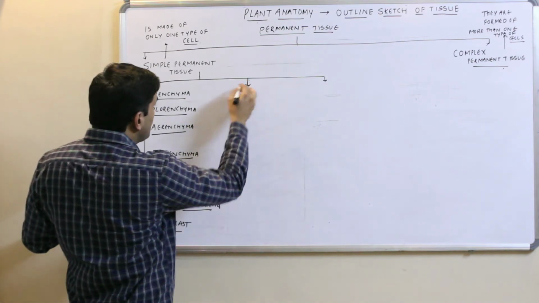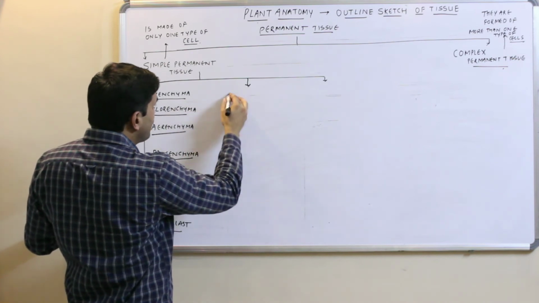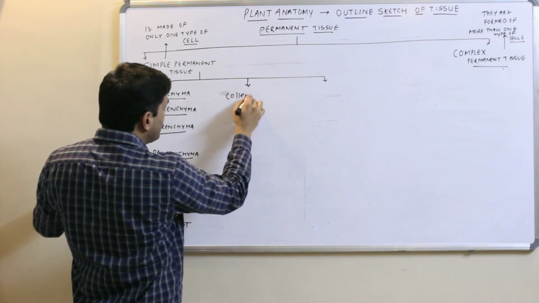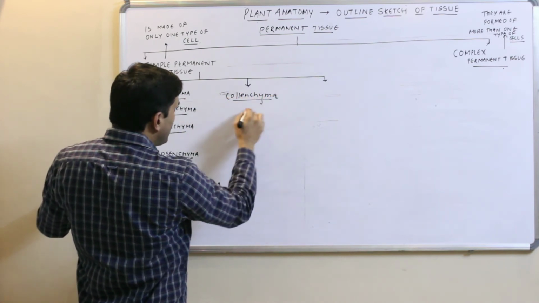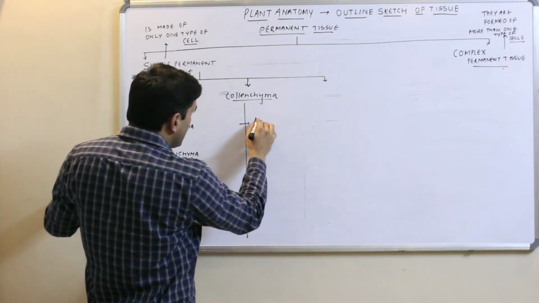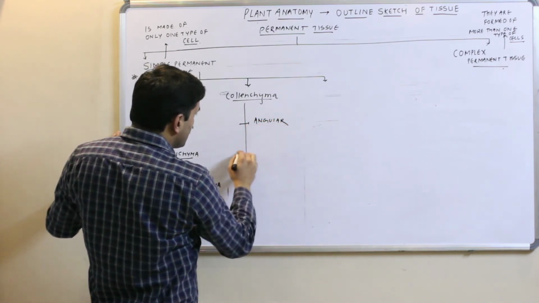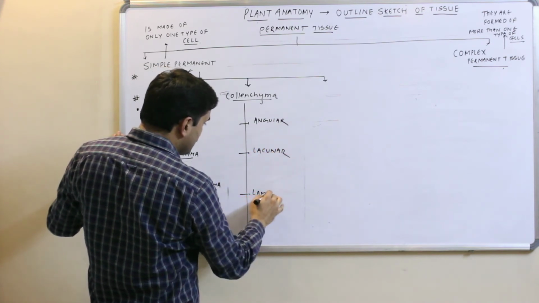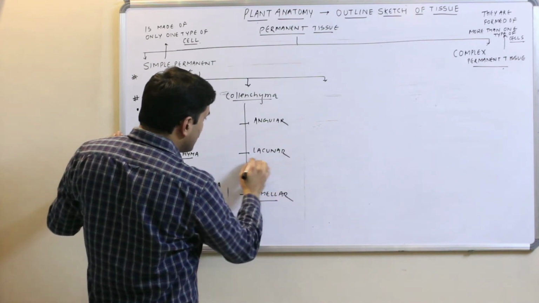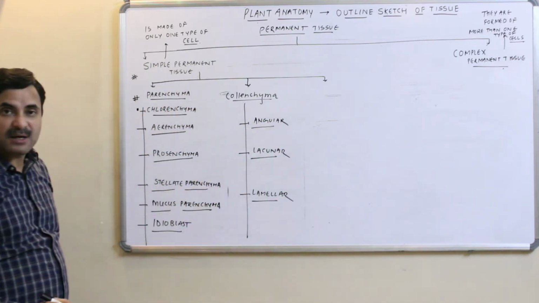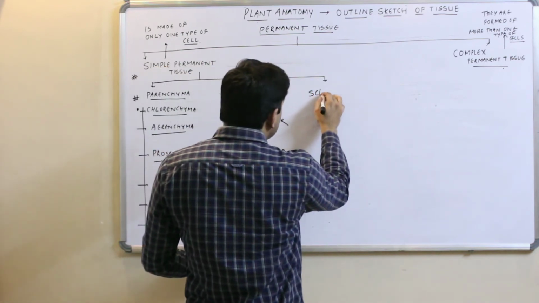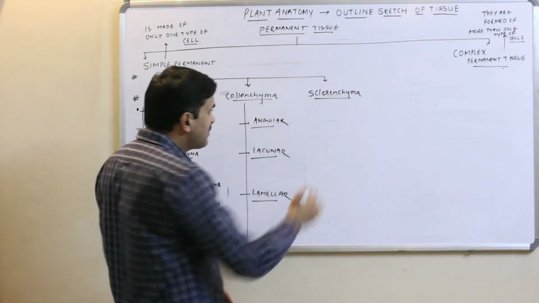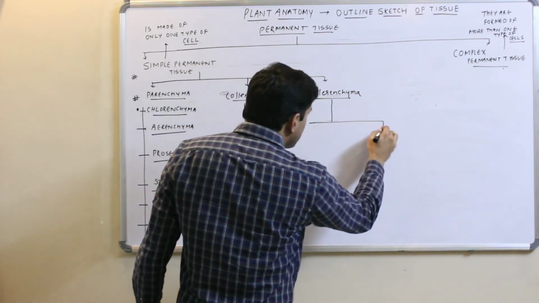Now coming to the second one, that is the collenchyma. Collenchyma is of how many types? Again three types: angular, lacunar, and lamellar. Angular, lacunar, and lamellar collenchyma. And the third one is the sclerenchyma. Now sclerenchyma is made up of two types of cells.